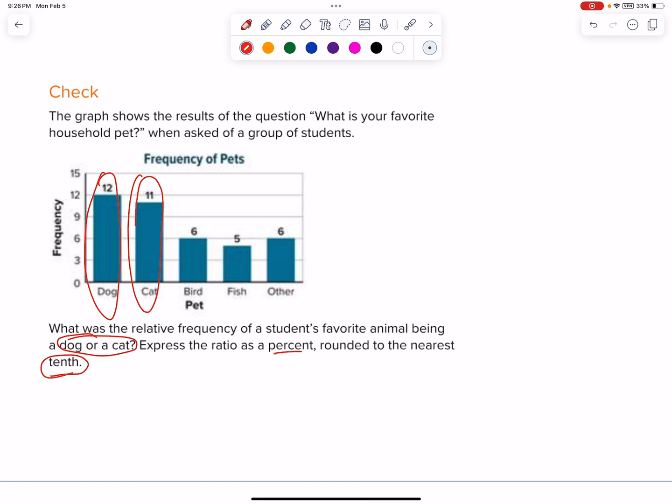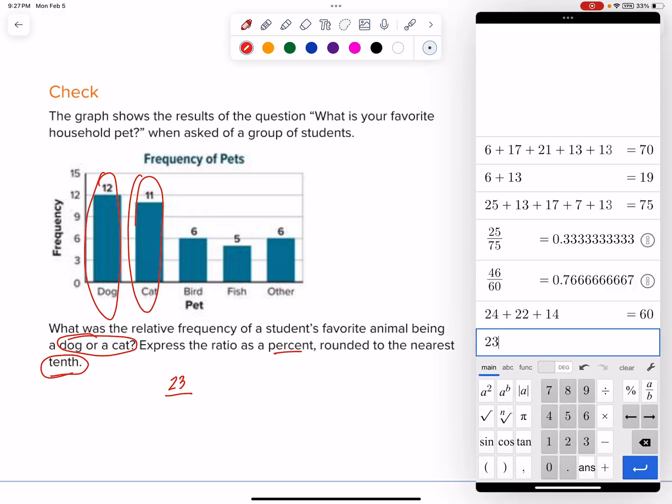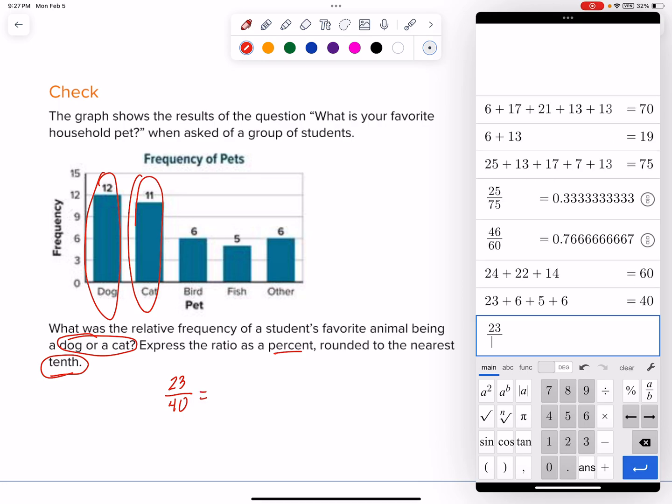So that's your numerator, the part we're focusing on. So 12, 22, 23. So we have 23 out of, what's the total? So let's see, 23 plus 6 plus 5 plus 6, and we got out of 40. Okay. Step 1 is to simplify. Technically, you wouldn't need to because we could just go ahead and write 23 divided by 40.